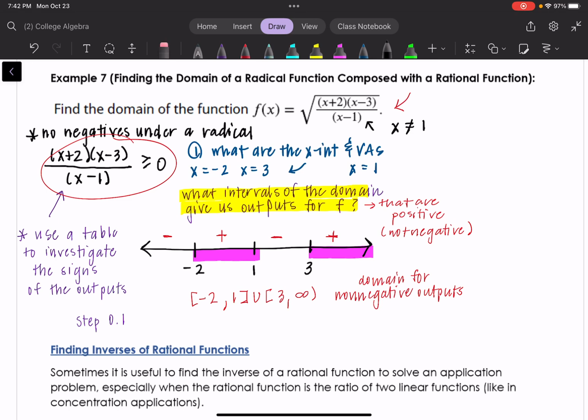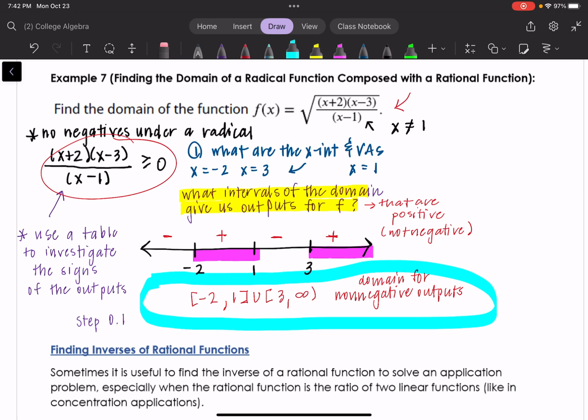And so we're going to come down here to our domain that we already located, right down here, and then we're going to make one tiny edit to account for the fact that we have to exclude that 1. And so now that we've taken out that single value that's going to cause us an issue in that denominator, we actually have the appropriate domain for this radical function composed with a rational function.